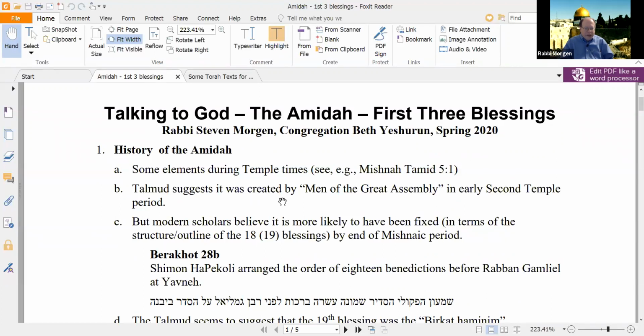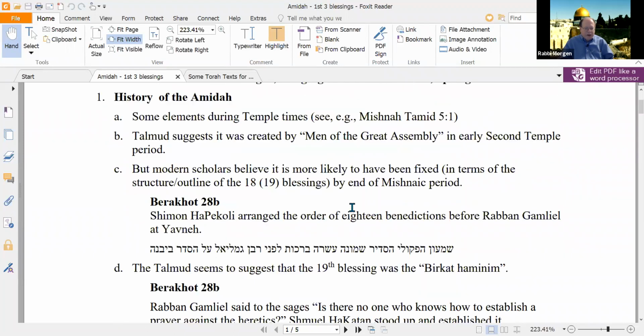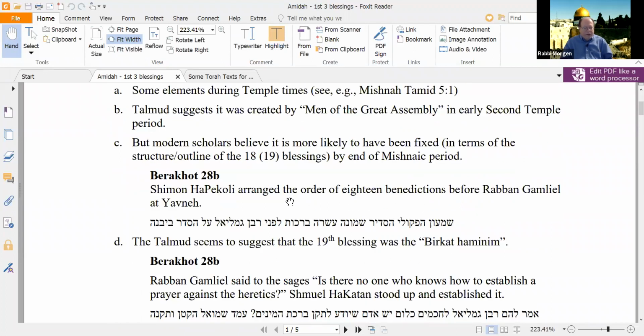The Talmud suggests that the Amidah was created by the men of the Great Assembly in the Second Temple period sometime. But most modern scholars believe it is more likely to have been fixed in terms of the structure of 18 or 19 blessings by the end of the Mishnaic period. There's a statement in the Talmud that Shimon HaPakuli arranged the order of the 18 benedictions before Rabban Gamliel at Yavne.